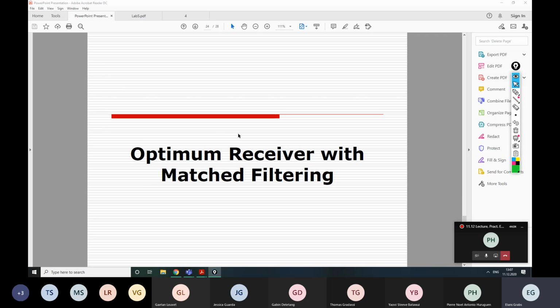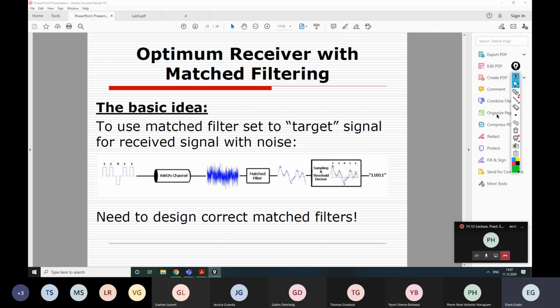So let's see now how we can put that to work in our receiver with matched filtering. The idea is quite simple. We have some signal which we send through the channel. There we have some noise added to our signal, and then we need to clear the signal of the noise. And for that, in this particular case, we are going to use a matched filter, which is set to search for the signal with this shape, right?